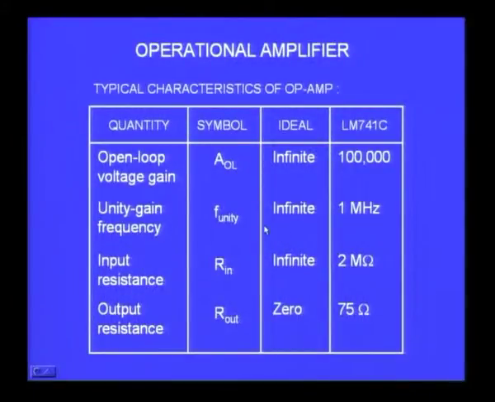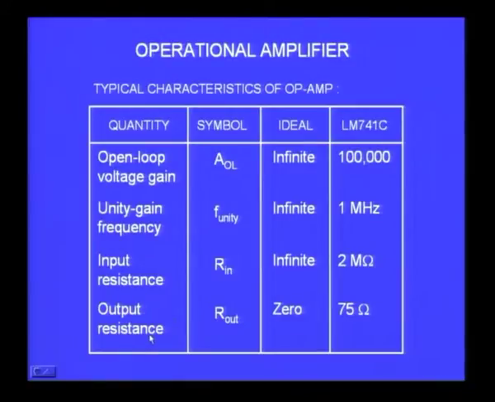Similarly, if you take the input resistance R in, for an ideal case it is infinity, and for an actual typical case it is about 2 megohm, that means 2 million ohms, 2 followed by 6 zeros, a very large number. If the input resistance of an amplifier is very high, it is good. We have already seen that a characteristic of a basic voltage amplifier is that it should have very high input resistance.